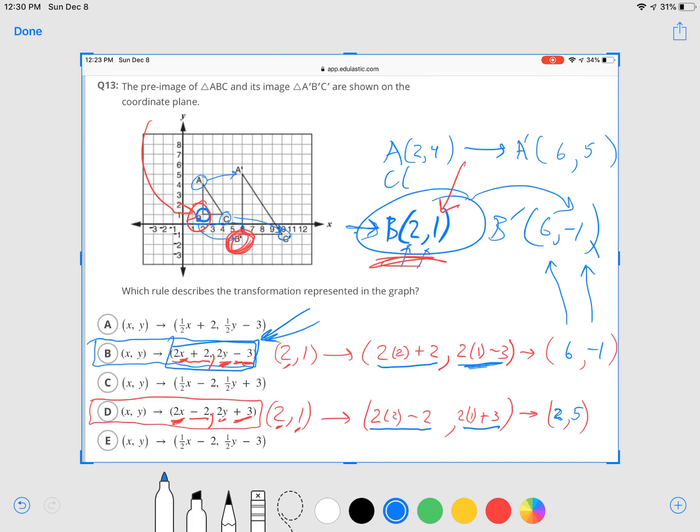And then you take the point C, which is 4, 1, and hope to get C prime, which is 10, negative 1. Okay, it would work for option B. That's the only one it would work for. Okay, so option B is the answer.